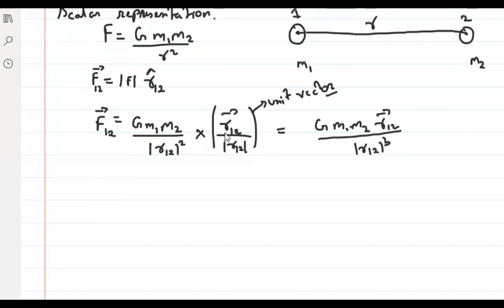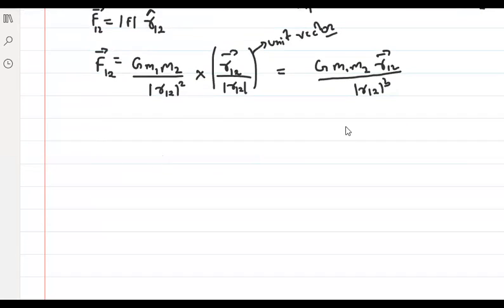Okay, very good. Now, what do you think? If F12 is this, what would be the expression of F21? What's the meaning of F21 and what will be its expression? Force on 2 by 1. Yes, right. So this will be G again, m1 m2 by r21 whole square into r21 unit vector.